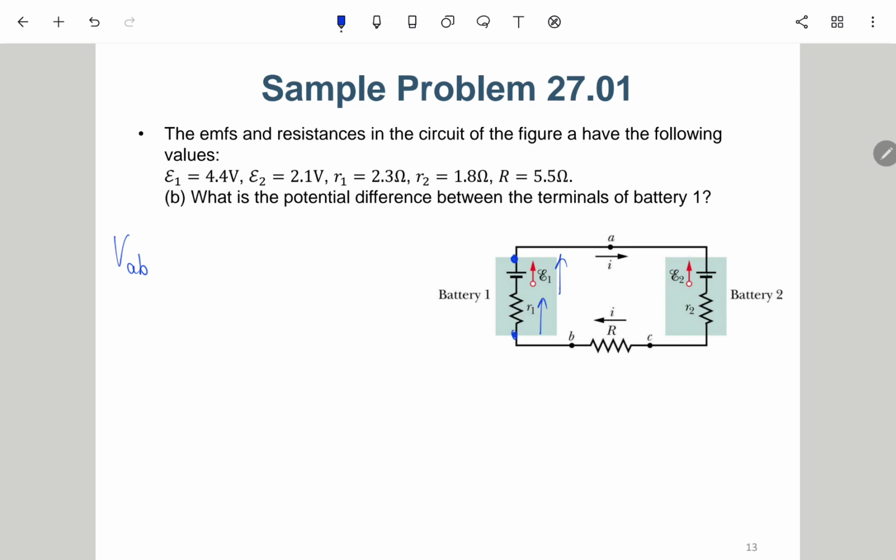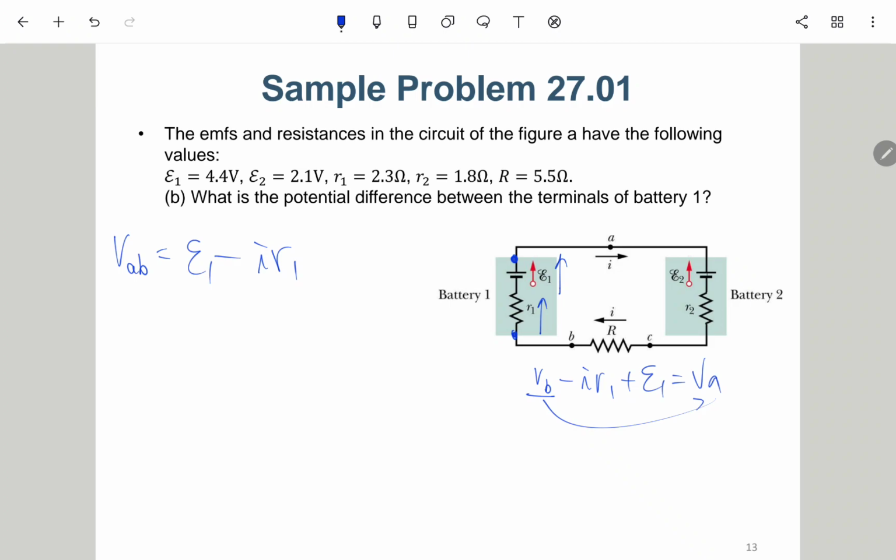If you are not familiar with it, you can also start from, let's say, VB, and then minus IR1, and then plus E1 equals VA, and then you move this to the right side, it is VAB. But if you are familiar, you should know that the difference between this point and this point should be this battery, which is E1 minus IR1.